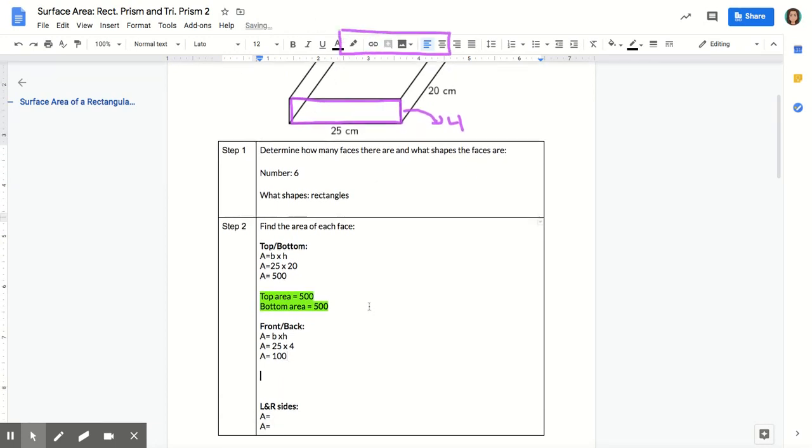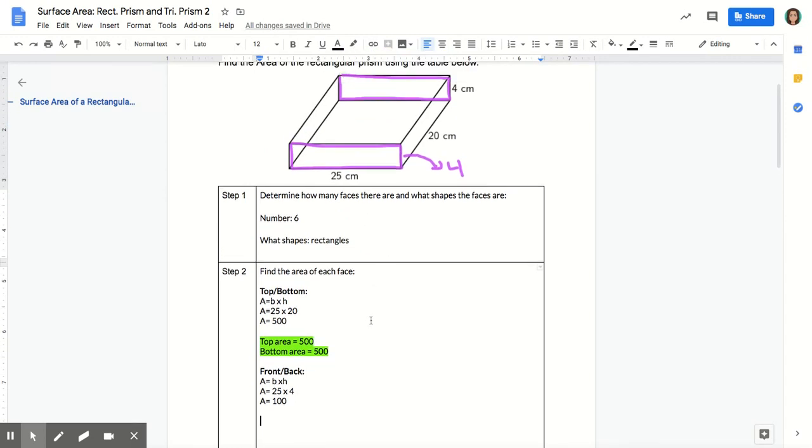So we have to remember that when we're calculating the area of the front and back, the front area is 100, and the back area is also 100. But we only had to calculate it once because the front area is equal to the back area. Okay? And now I'm going to highlight that.